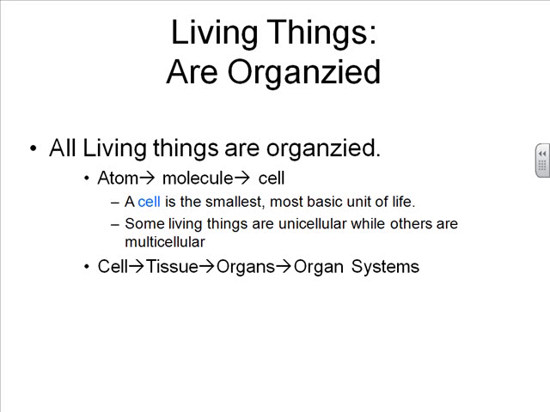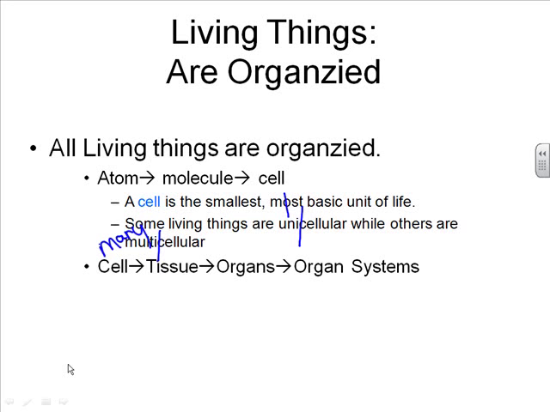Even non-living things are made of atoms and molecules, but only living things are composed also of a cell. Now some of our living things are unicellular, whereas uni refers to one cell, while others are multicellular or composed of many cells. Humans are an example of a multicellular living organism.